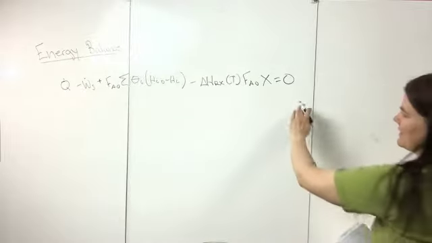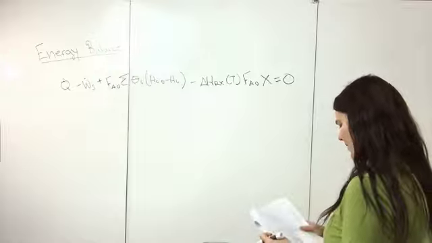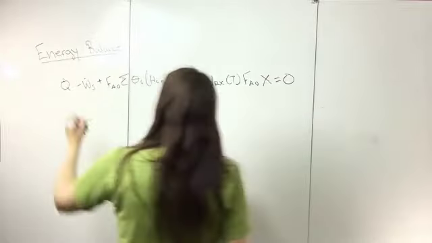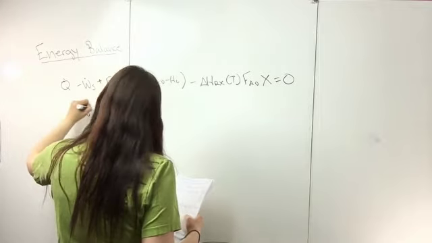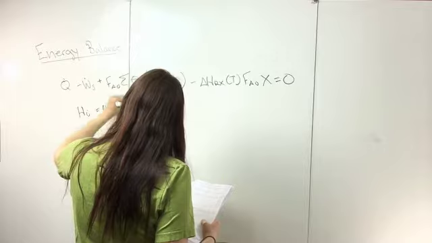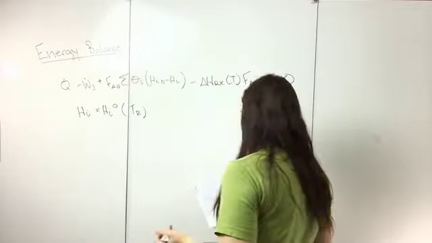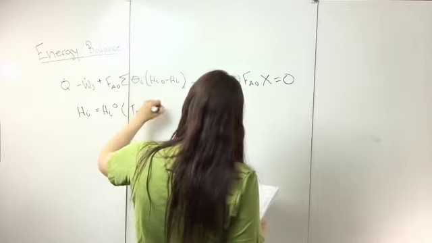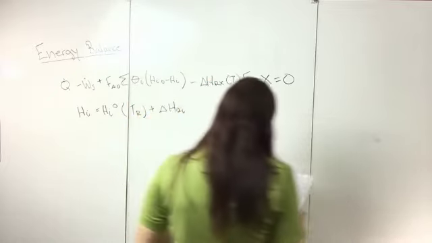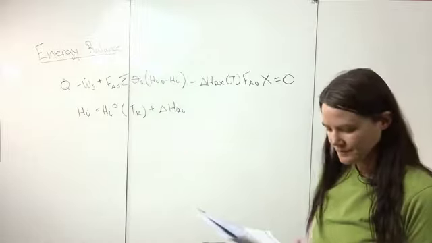This is technically the steady state energy balance, but I want to take this a step further by showing you how the enthalpies are calculated. So H_i is equal to the enthalpy at some reference temperature. Usually you would look this up on a table, plus the change in enthalpy when the temperature is changed.